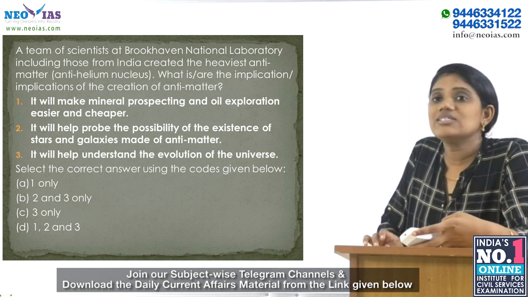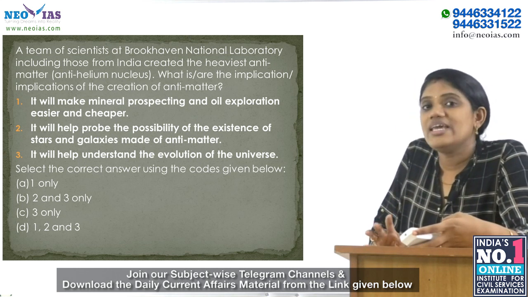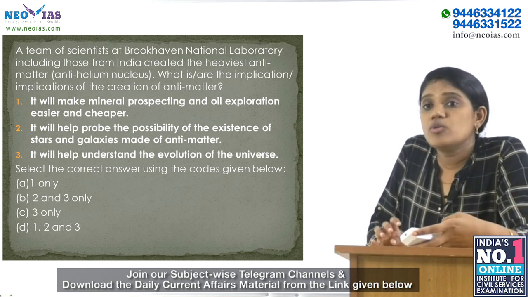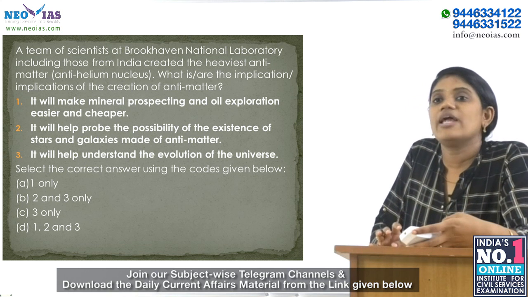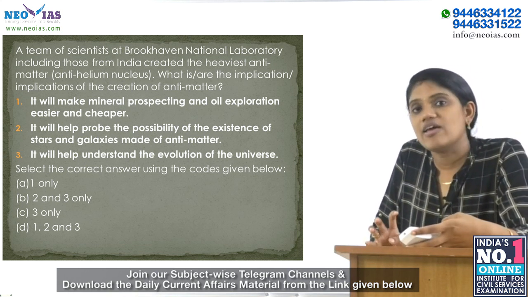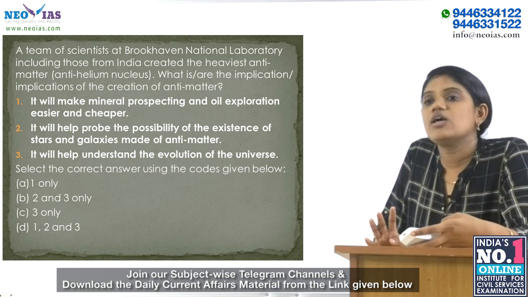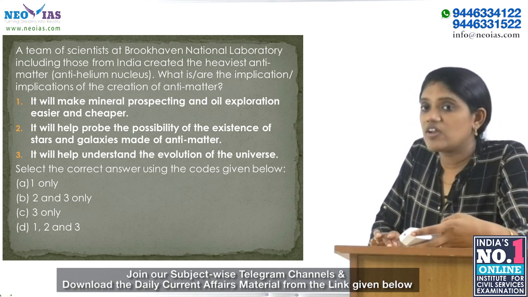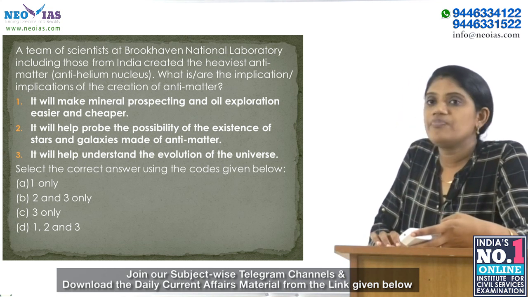The first option is, it will make mineral prospecting and oil exploration easier and cheaper. Second option, it will help to probe the possibility of the existence of stars and galaxies made of antimatter. And third option, it will help understand the evolution of the universe. Here you have to select the correct answer using the codes given below: A, 1 only; B, 2 and 3 only; C, 3 only; and D, 1, 2 and 3.